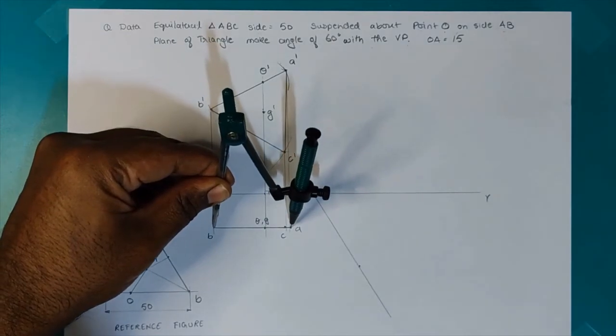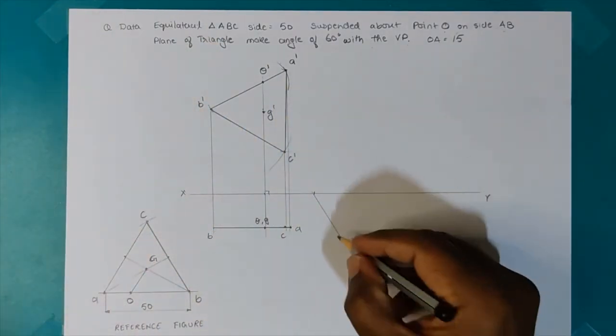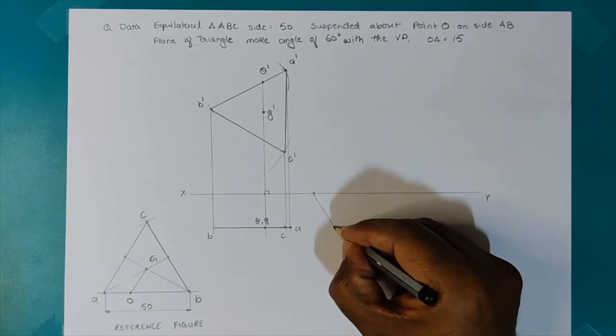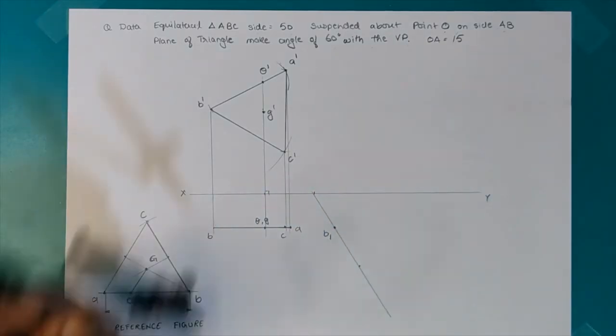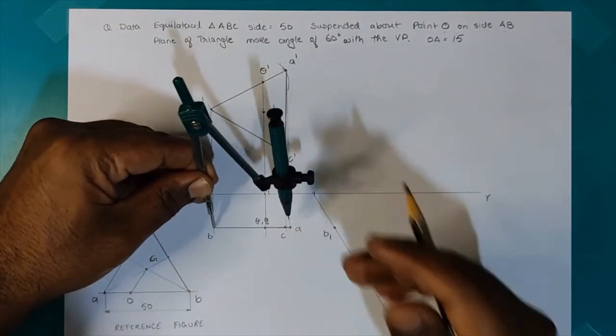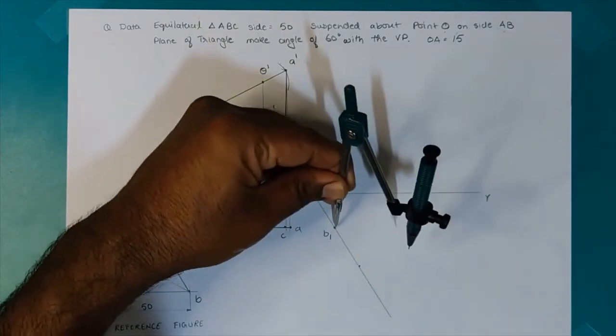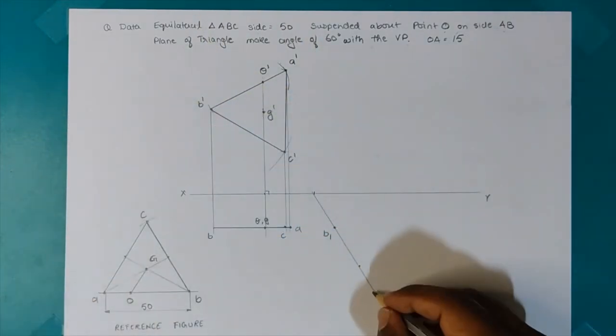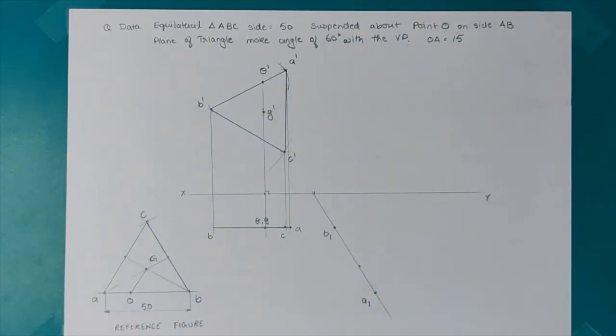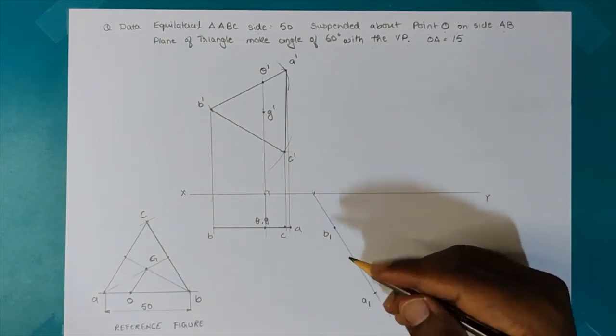So I've taken the distance B2A on my compass. I mark a point at a suitable assumption. So I have assumed that point, starting point B1, and from this B1 I mark the location of A1 on the line inclined at 60 degrees.